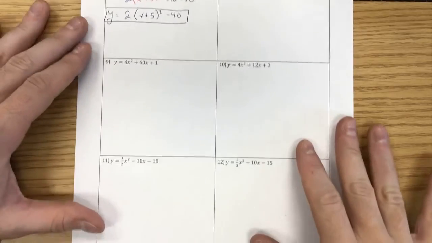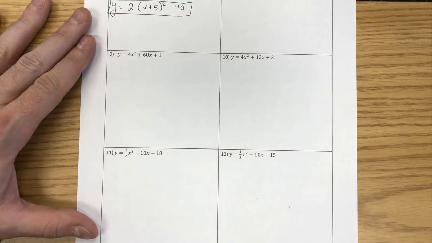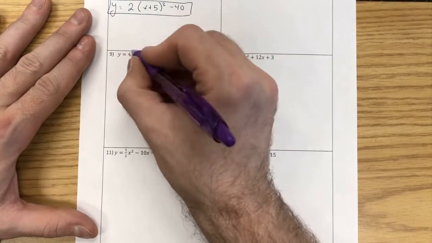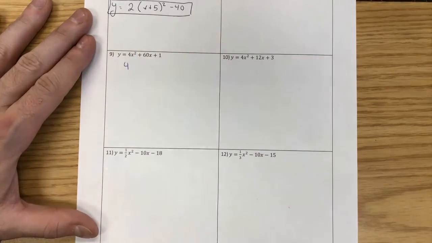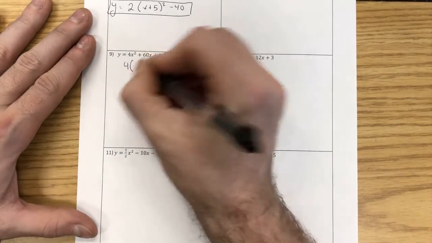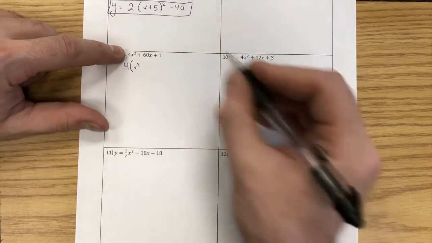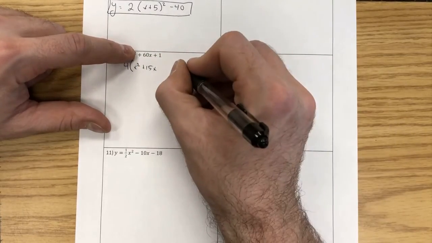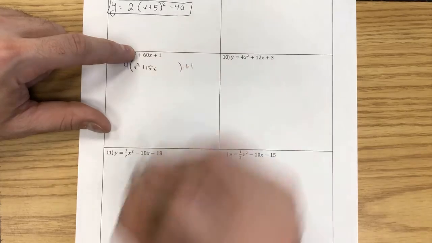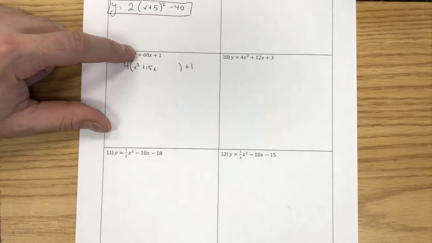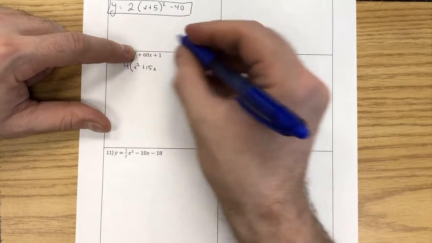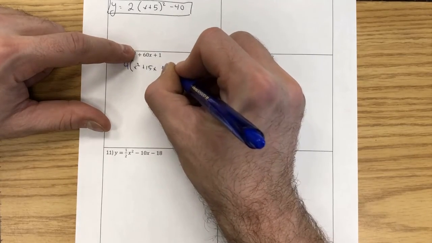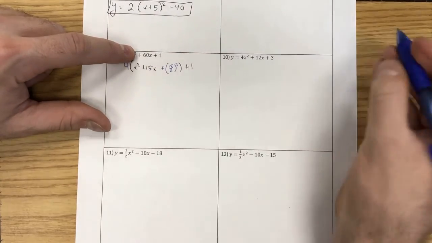Okay. Let's take a look at how that works. So my first thought is pull out this 4. So I'm going to divide that by 4 to get an x squared. Divide that by 4, which is going to give me a 15x. Leave myself some space, plus 1. I'm going to say, what's half of 15? Well, that's 15 halves squared.